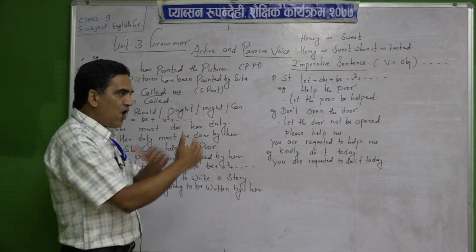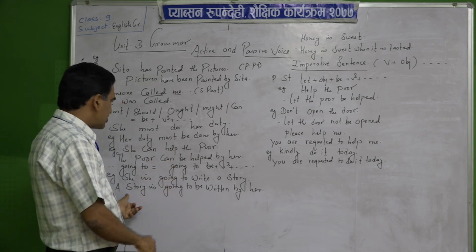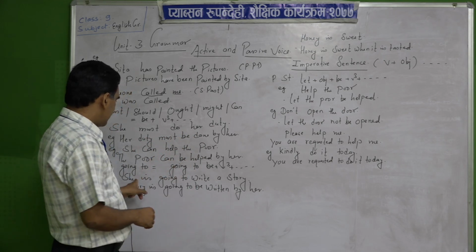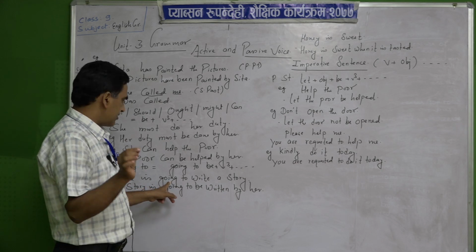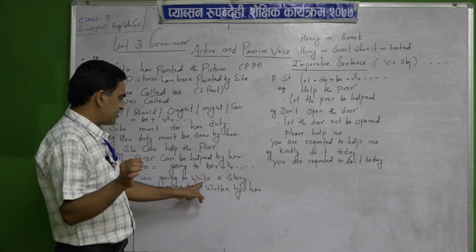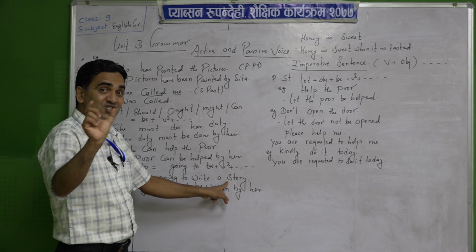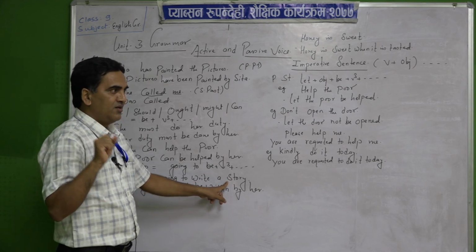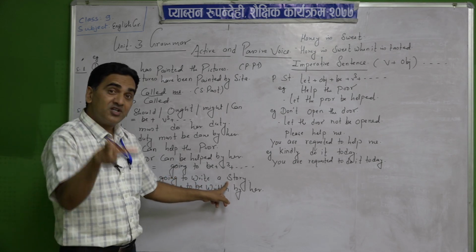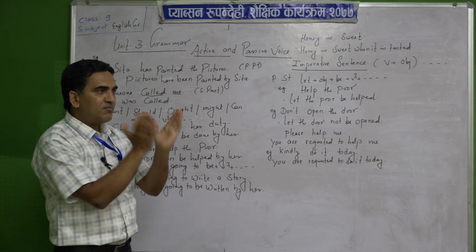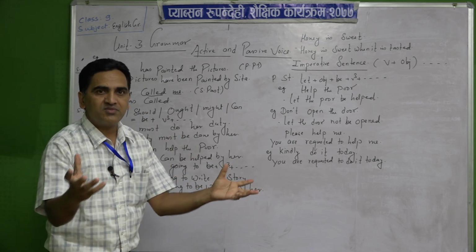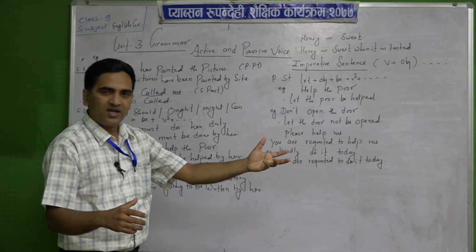How can we change it into passive? What is the object here? She is subject, going to is the auxiliary, and the main verb is write. A story is the object, because it is written by the subject. If the subject makes something, that is the object.